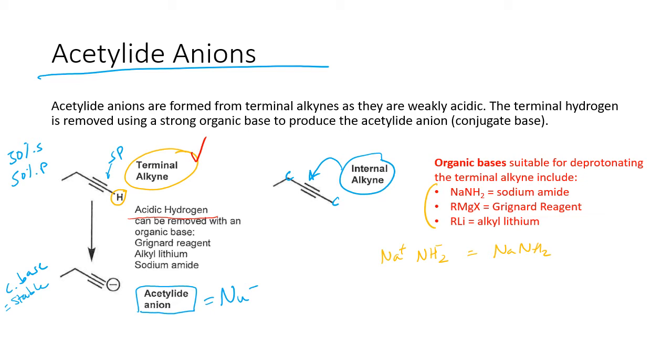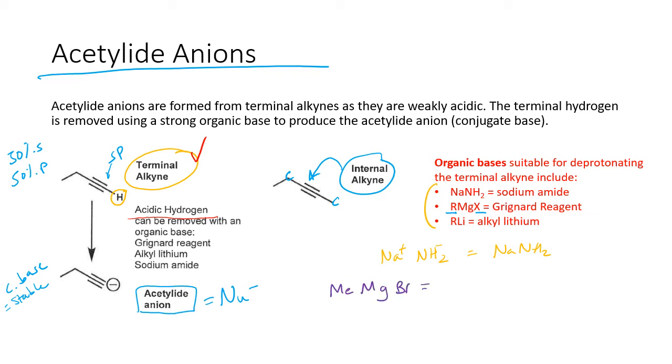The next is called a Grignard reagent. A Grignard reagent is an organometallic reagent where we have usually some carbon chain, which is represented by the R group, and then magnesium with a halide, which is represented by the X group. So for example, I could write just any Grignard reagent, MeMgBr.